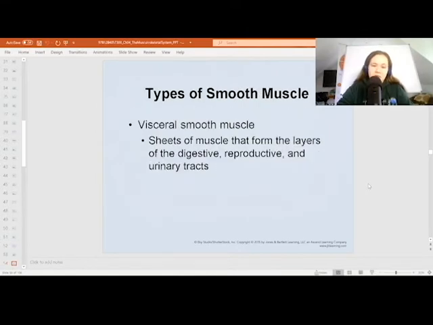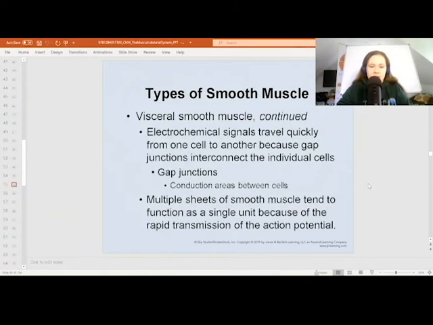Types of smooth muscle include visceral smooth muscle, which forms sheets of muscle in layers of the digestive, reproductive, and urinary tracts. In visceral smooth muscle, electrochemical signals travel quickly from one cell to another because gap junctions interconnect the individual cells. The gap junctions are conduction areas between cells.